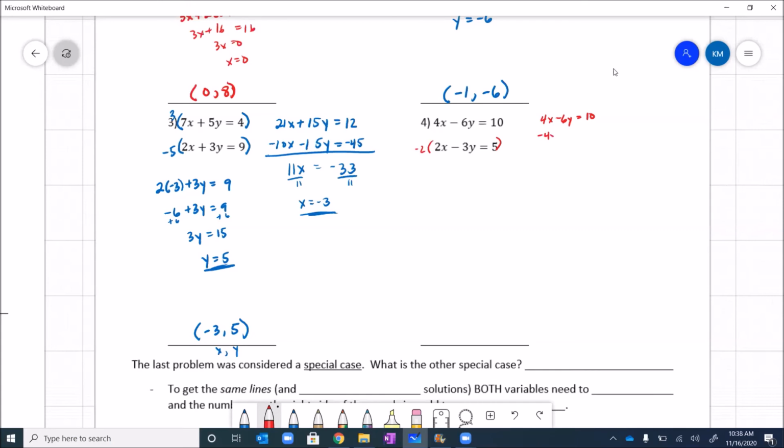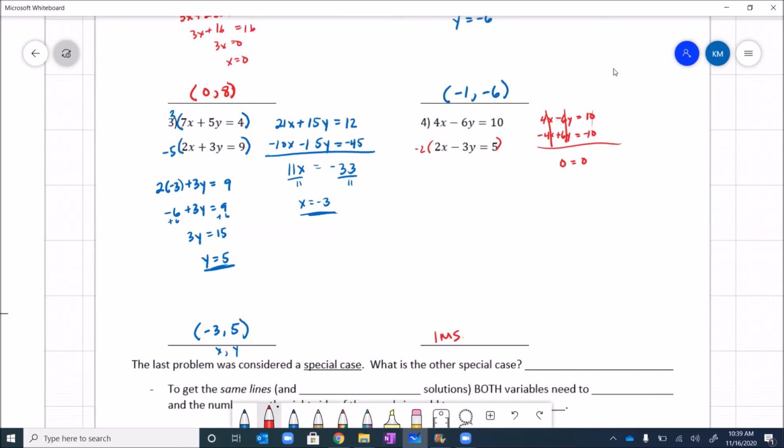Negative 4x plus 6y equals negative 10. Okay, combine my like terms. That gives me 0 equals 0. My variables are all gone, and it's a true statement. So my solution, there's infinitely many solutions.